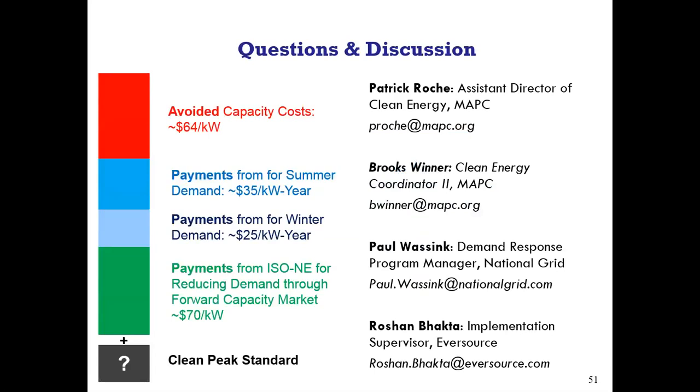I just want to say here on our question slide, we've got the value stack again. MAPC's got our program, but I think we'd really encourage everyone on the phone to connect with the utilities, either Roshan for Eversource or Paul from National Grid, because their notifications are probably going to cover the annual peak, so you can avoid those capacity costs, and you can also tap into the payment streams, at least for the summer, maybe for the winter.